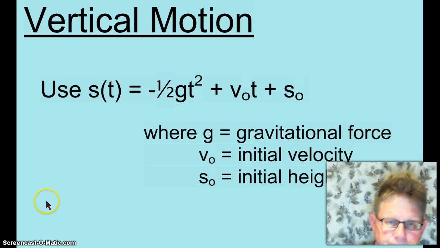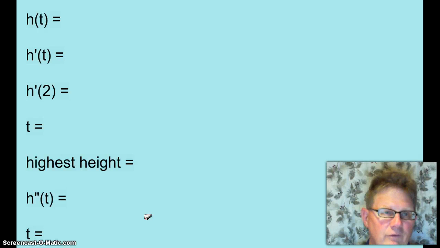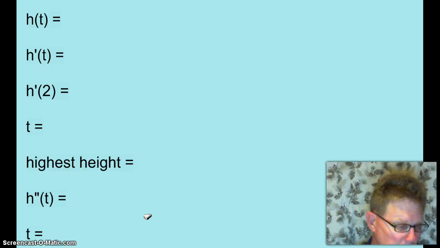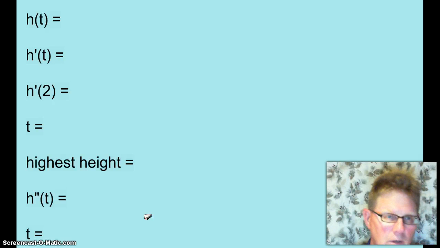Vertical motion. Use the position function as negative 1/2 g t squared, that's time squared, plus the original velocity times t plus the original height. And let's use that vertical motion with the problem that you have at the bottom of your paper. Suppose a person 160 feet above the ground tosses a ball.